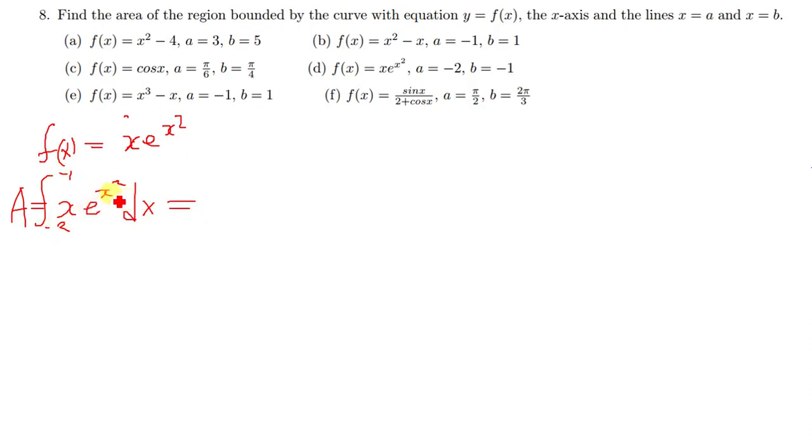So when you integrate this, if you make this as your u, so meaning you have the integral of x e to the power x squared divided by 2x.